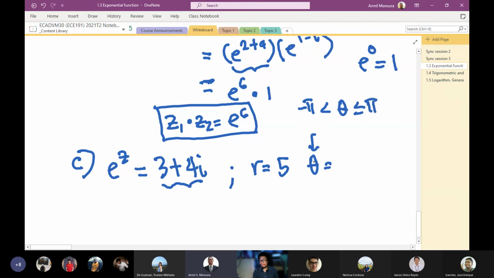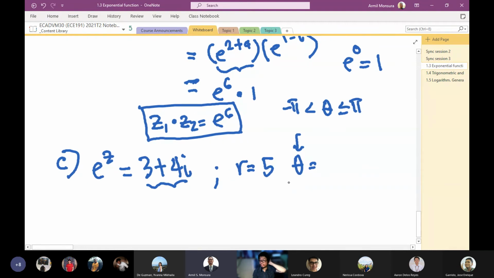So first, determine the value of theta within this range. Simply use the arctangent. Find which quadrant it is in, and then find the acute angle associated with it. Which quadrant is this? First quadrant. So we're looking for this angle.